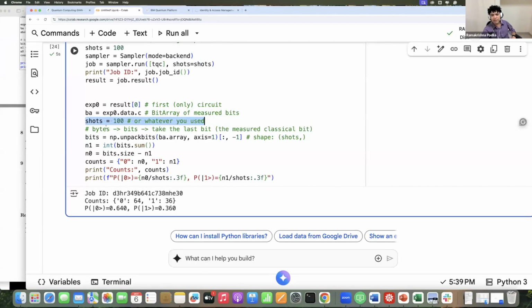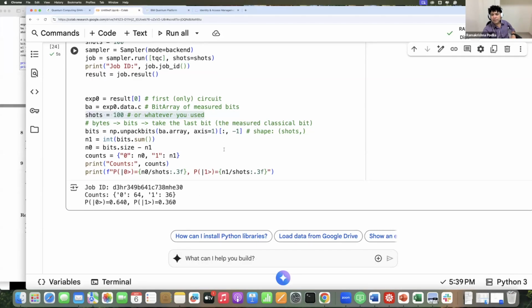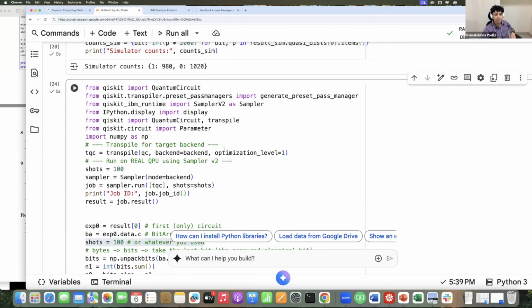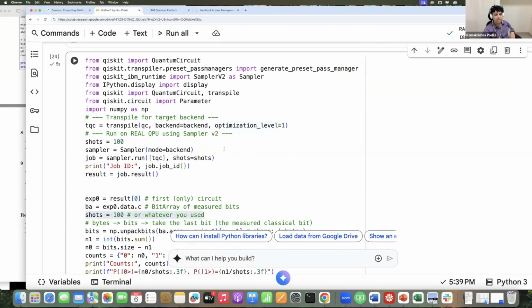Just change that as well, then it should work. So you see, I changed to 100 shots, and then I have 64% and 36%. Right. Okay. I hope everybody is able to do that. Is there anyone who is not able to run it on a real quantum processing unit?